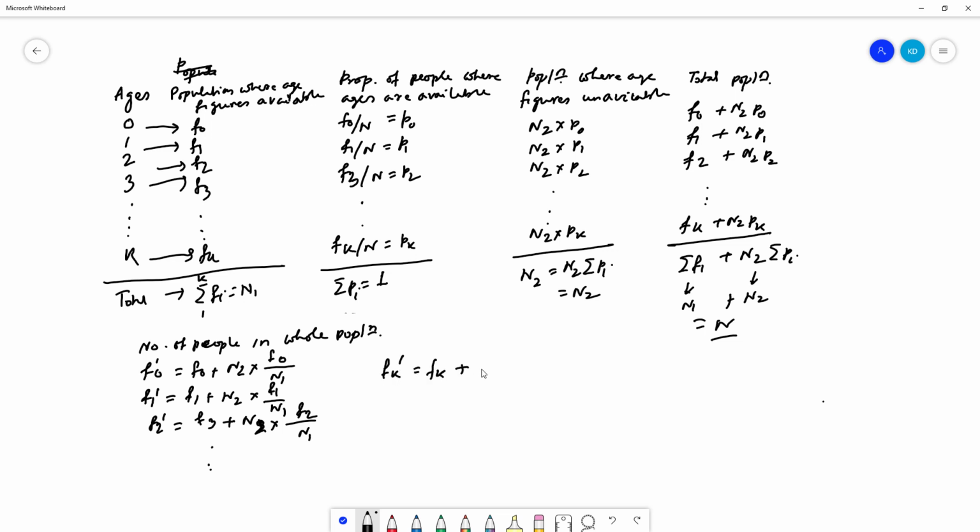Therefore if you add all these fi, then you get capital N.